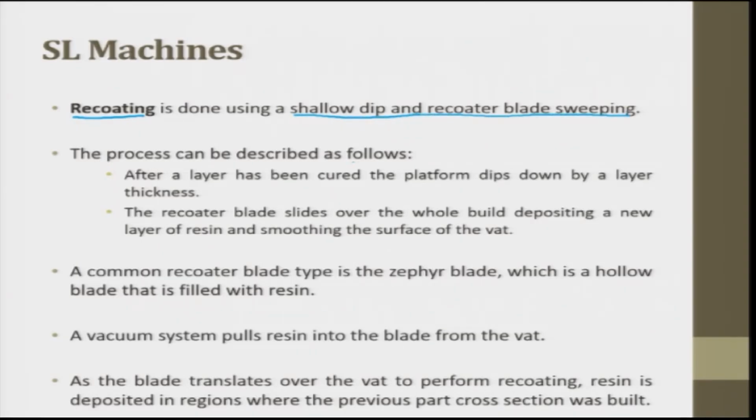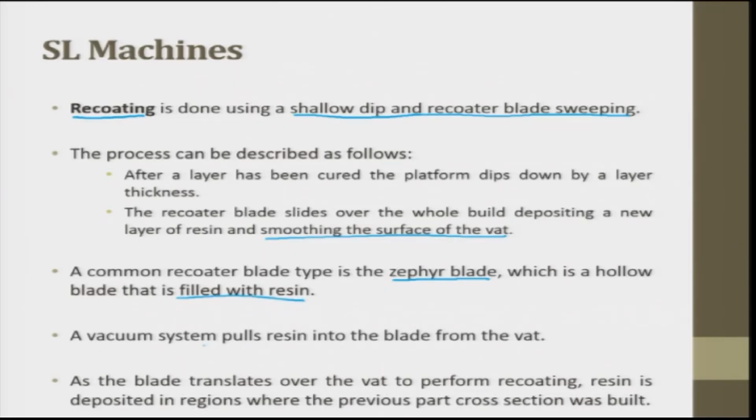The process can be described as follows. After a layer has been cured, the platform dips down by a layer thickness. The recoater blade sweeps over the whole billet, depositing a new layer of resin and smoothing the surface of the vat. A common recoater blade type is generally called a Zephyr blade, which is a hollow blade that is filled with resin.